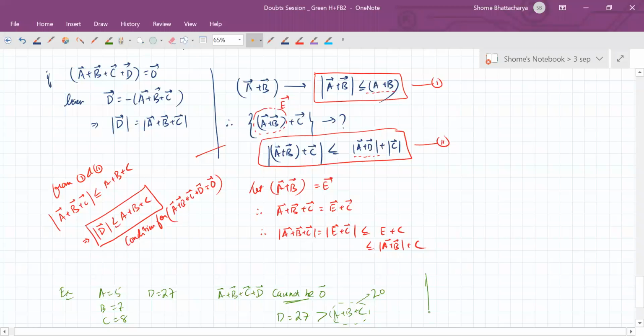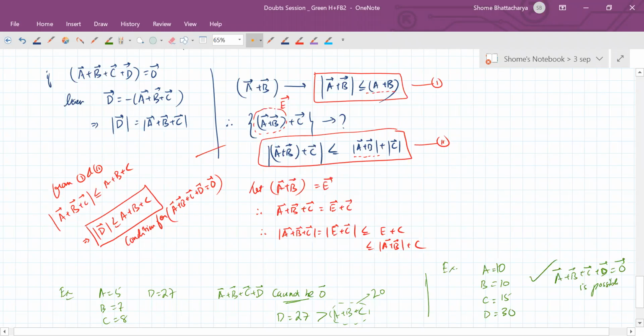Okay. But suppose we have an example where A is 10, B is 10, C is 15, and D is 30. Then yes, here A plus B plus C plus D is 0 is possible.